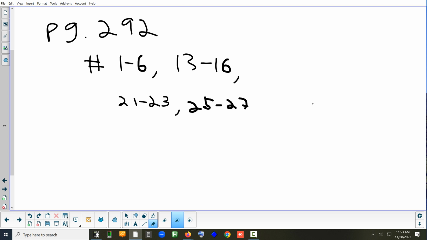So we just about got through the whole thing. Okay, so 29 to 32, that'll be part of tomorrow's homework. Okay, so 1 through 6, 13 to 16, 21 to 23, and 25 to 27.